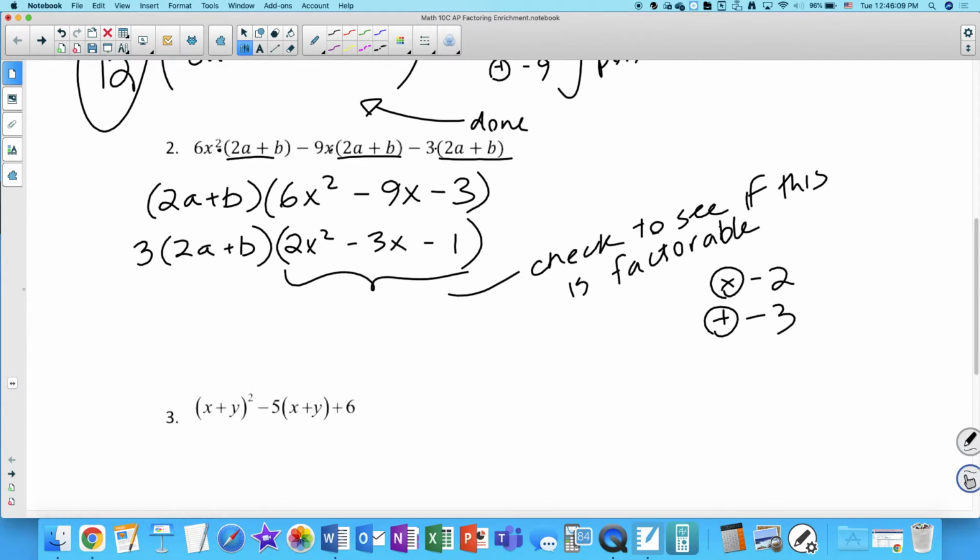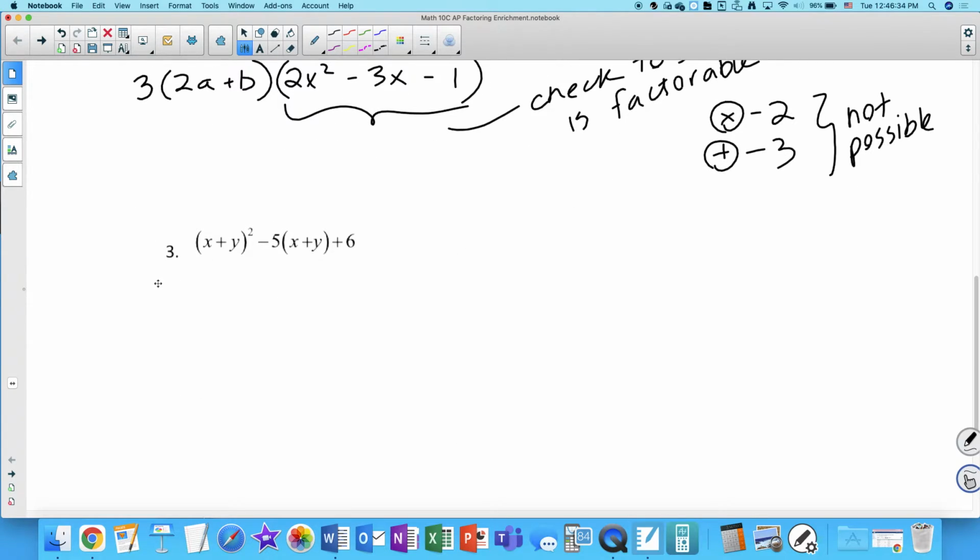And that's not going to be possible because the only numbers that multiply to negative 2 are 1 times negative 2 or negative 1 times 2. Okay? So this is not possible. But in another question it may be, right? Okay, so far so good? All right, let's look at another one.